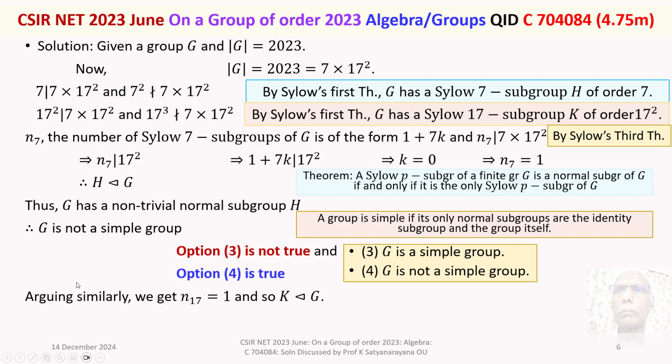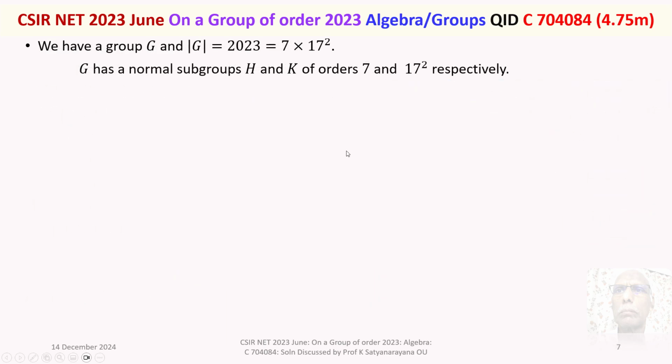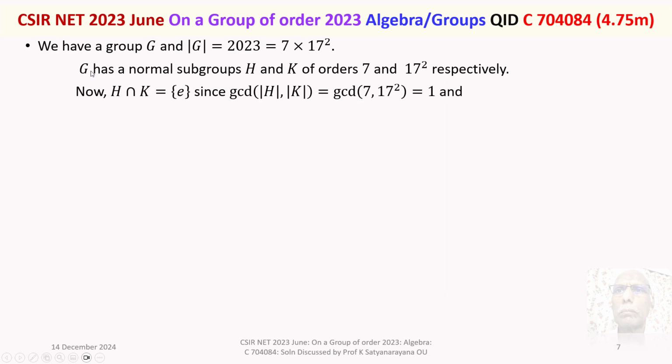Before that, arguing similarly, what about n17? We get n17 is equal to 1. Similarly, you argue, and thereby you will find K is a normal subgroup of G. Agreed. Now, so far we have proved that G has normal subgroups H and K of orders 7 and 17 square respectively.